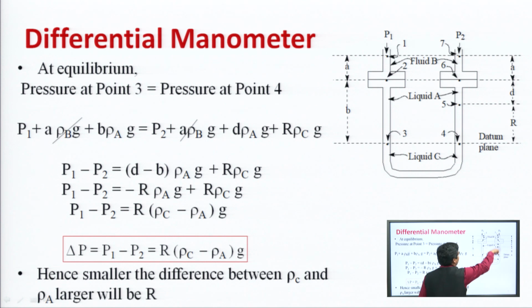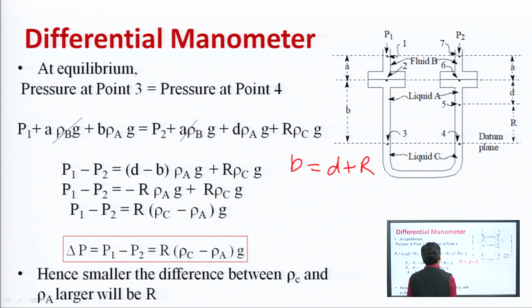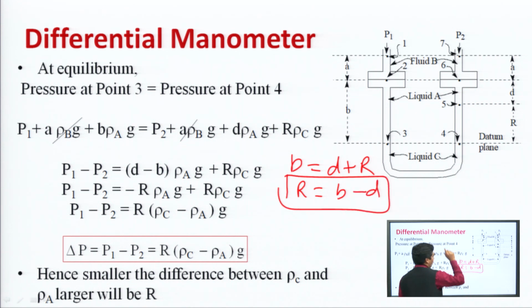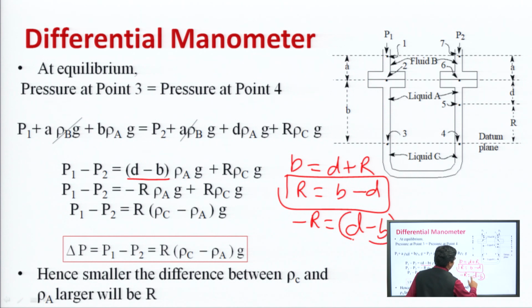From this diagram, it is evident that B is equal to D plus R. So, R will be equal to B minus D. So, here the value is D minus B. So, it is rewritten as minus R is equal to D minus B.